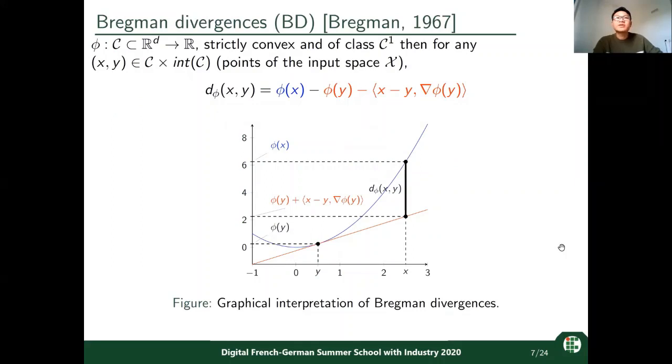I would like to describe a little bit the most important tool for this study, the Bregman divergences. It's defined in association with some strictly convex and continuously differentiable function phi.